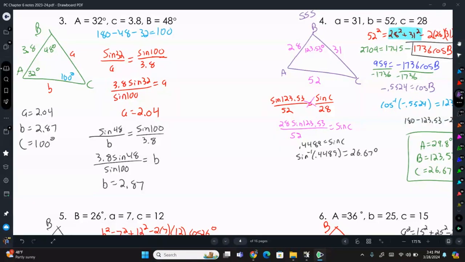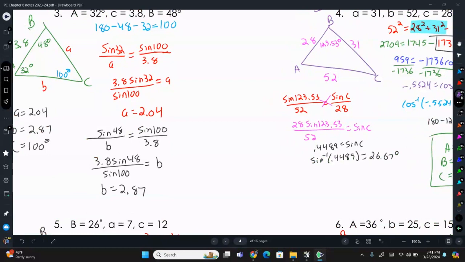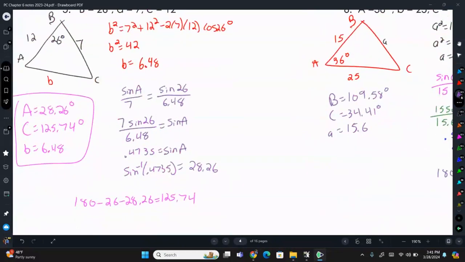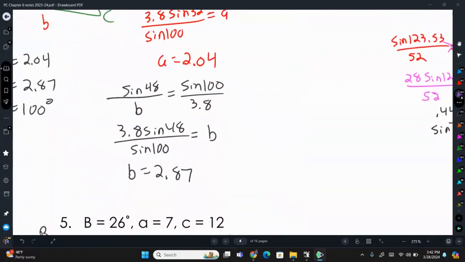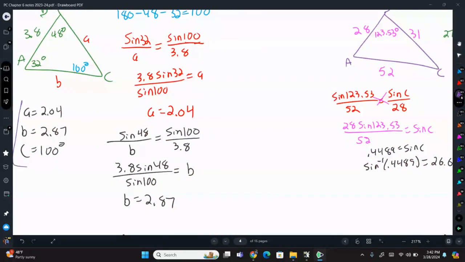Sometimes when you're finding angles, instead of getting a decimal, you could just type in the entire fraction. Like down here, you could just do the inverse sine of that fraction to get your angle right away instead of getting that decimal step. But okay, so here are the answers here.